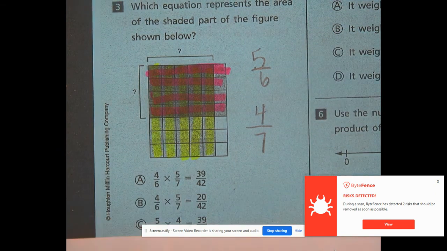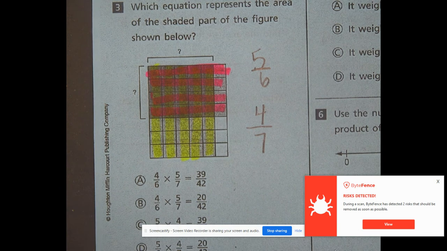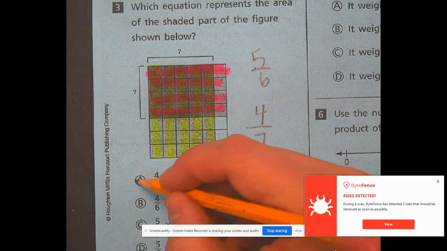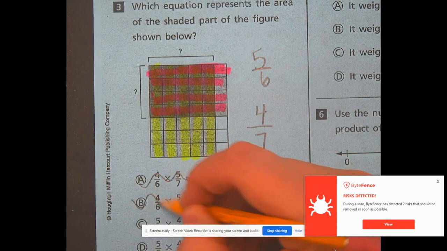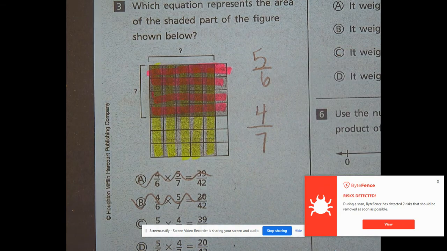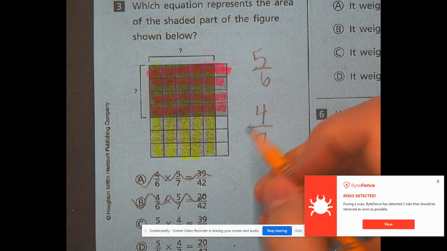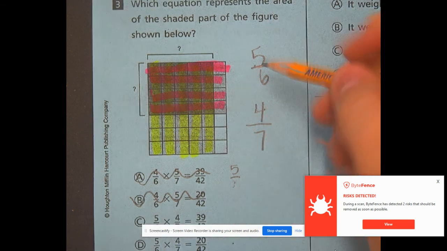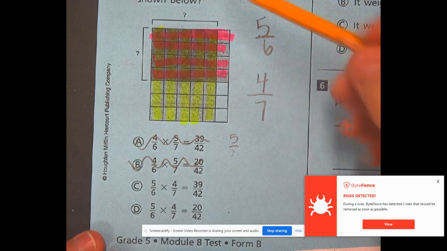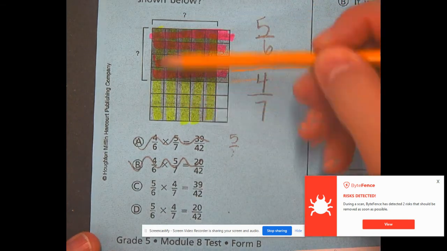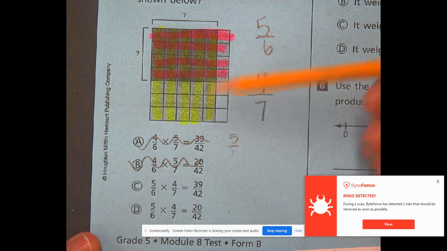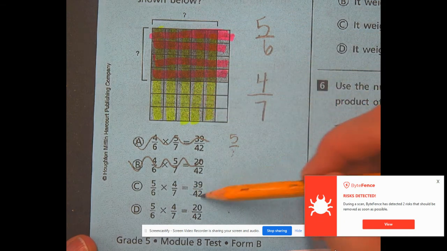Okay. So which ones can we automatically just knock out? A and B, because those aren't even the two fractions that we're working with. So now we just need to know how many pieces our whole is cut into. 42, so we still can't knock something out.